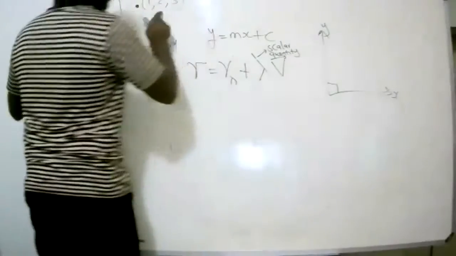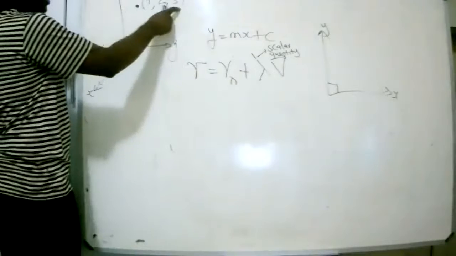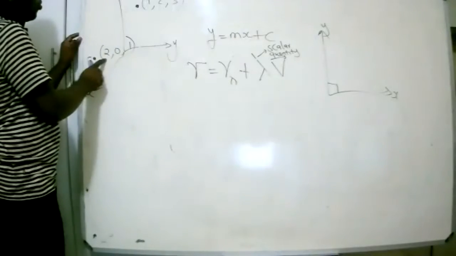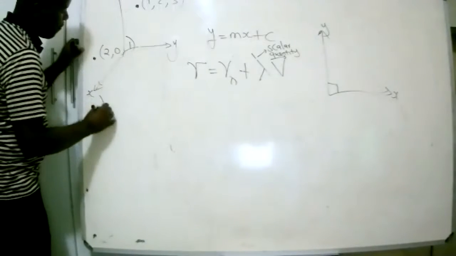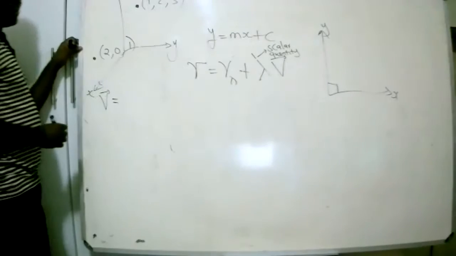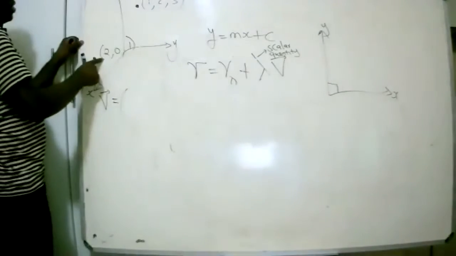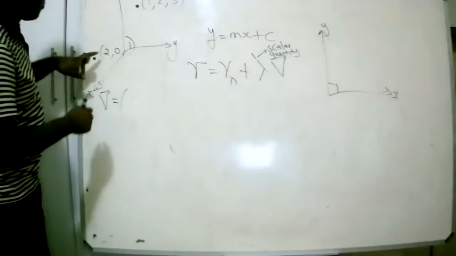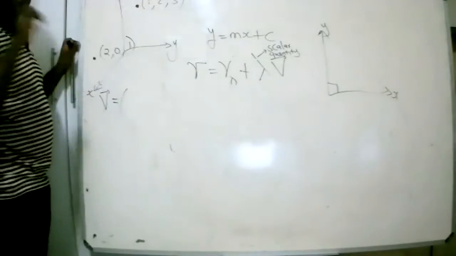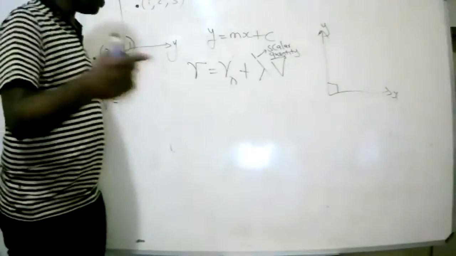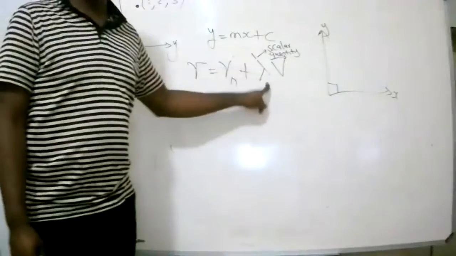We're given 2 coordinates here. The first coordinate is 1, 2, 3. The second coordinate is 2, 0, 1. In order for us to find the vector, which I'm calling vector v, we have to subtract these 2. You either subtract from here to there or you start from there. The negative sign is not important because with the negative sign you are going to get a scalar quantity.